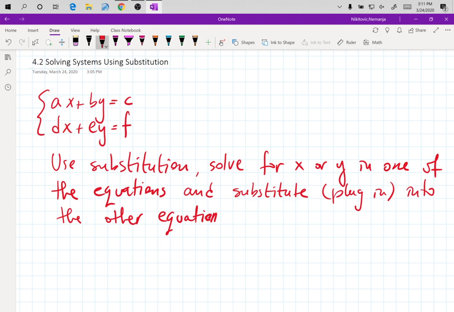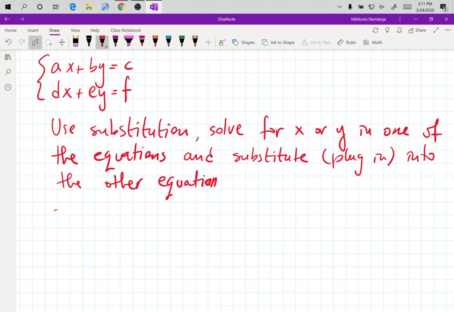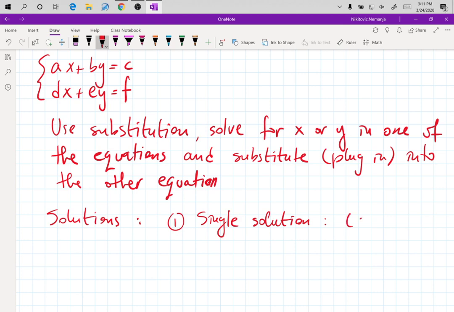Now, we can still have three different solutions, or answers, whatever. Number one, a single solution. That's where you actually get x, y as a point.